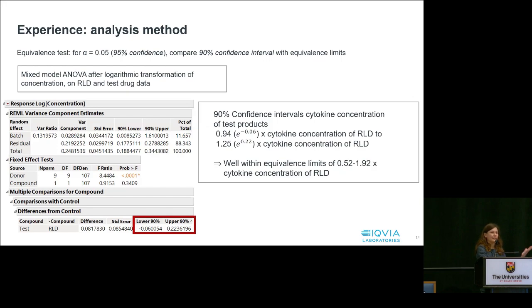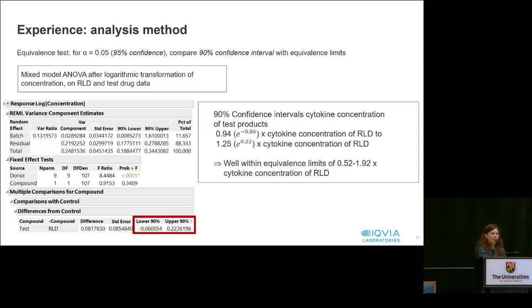Because we now have the test and the RLD data, we of course also have to have that added as a predictor. So that is here termed compound. And then we can look at the average difference over the batches between our test drug and the RLD. And if those 90% confidence intervals are entirely within the equivalence margin, we can demonstrate that we have a significant equivalence between the RLD and the test product.